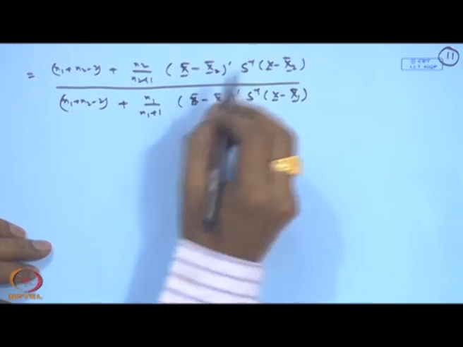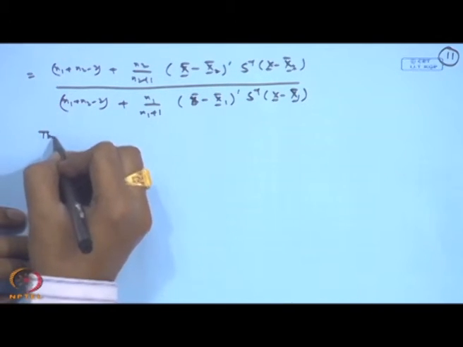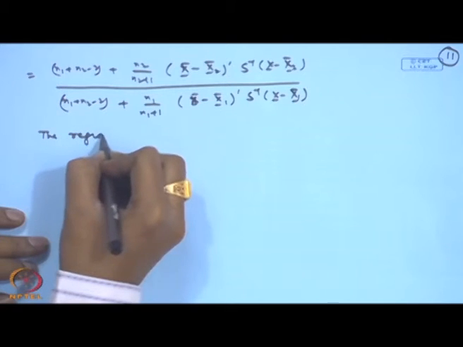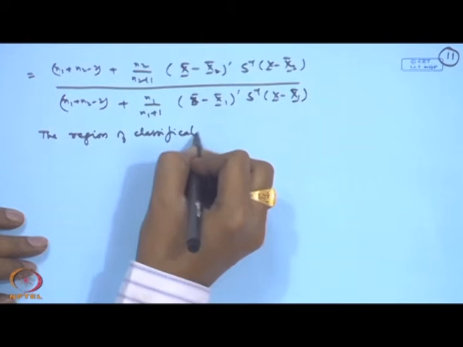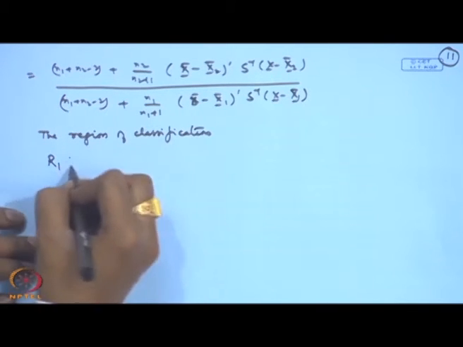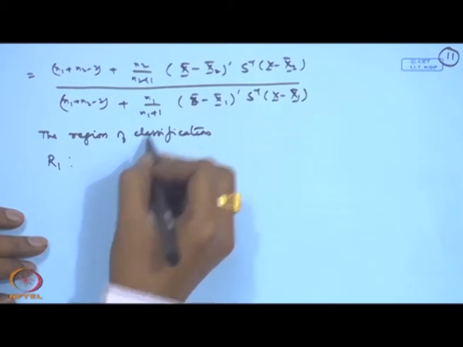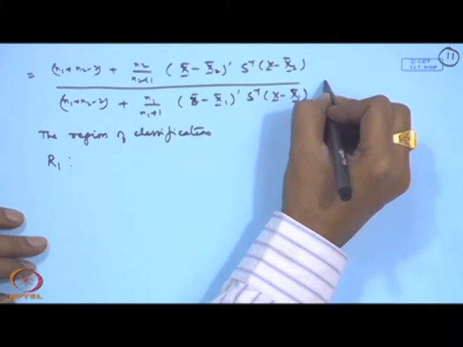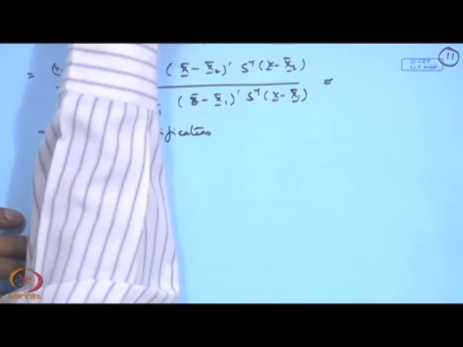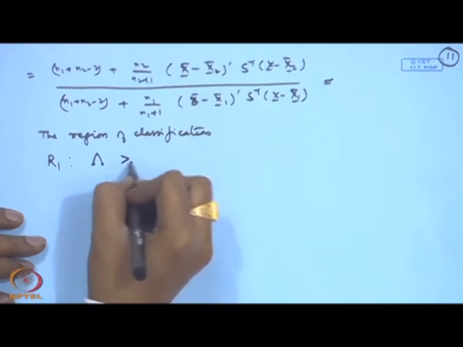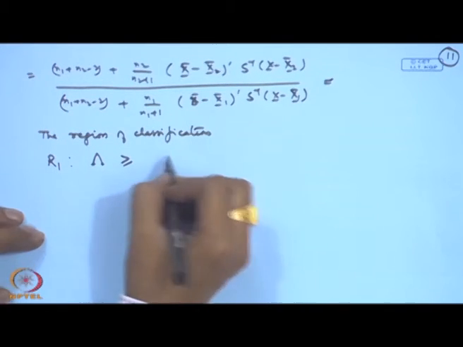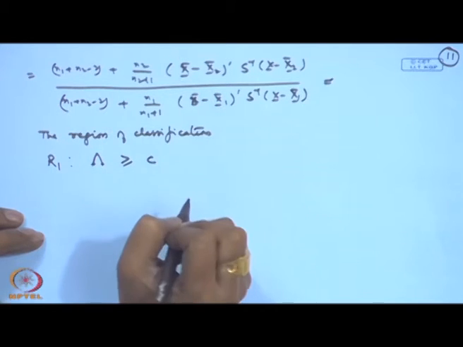So, you can consider the classification region. Suppose we consider R1, then it is this ratio, which we can call lambda, that is lambda is greater than or equal to some value k or c.